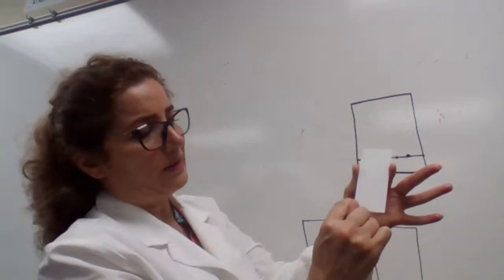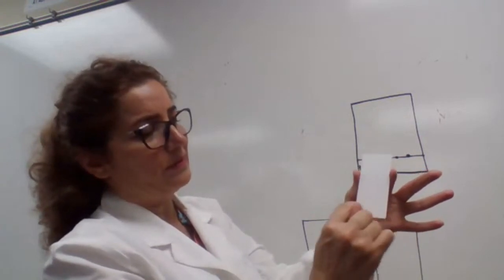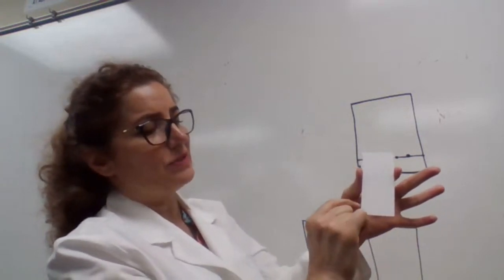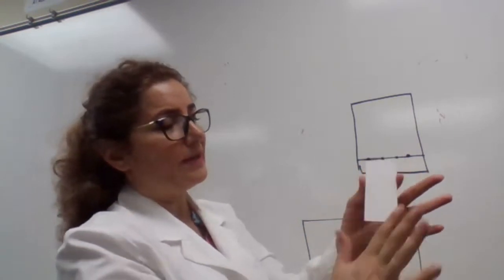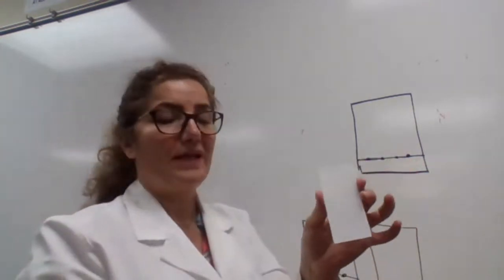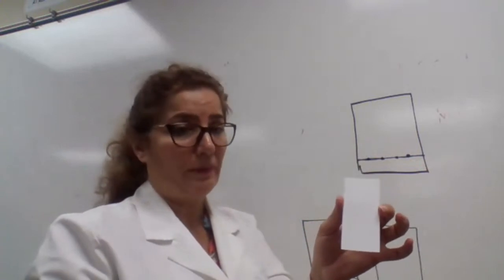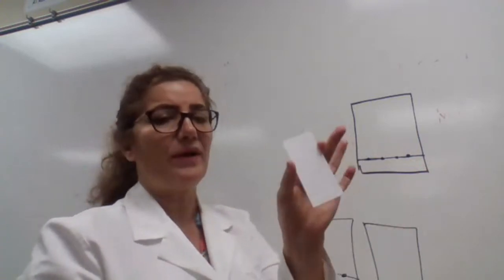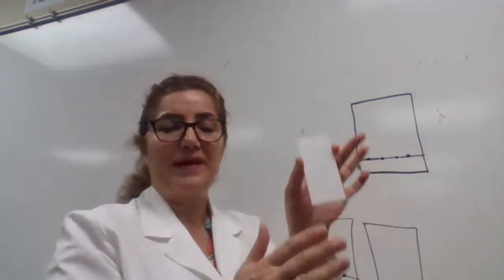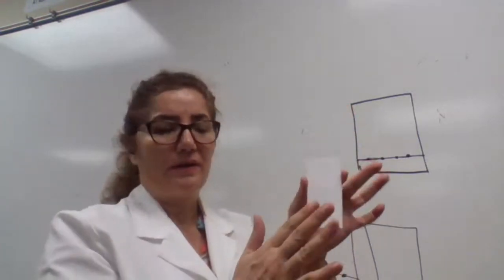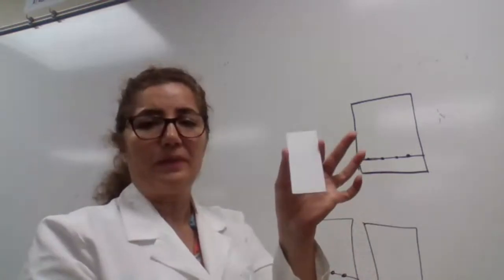So you draw a line with the pencil about half an inch from the bottom of this plate, and the coating on this plate could be a polar or non-polar sample. The ones that we are using today have a polar coating here on the plate.